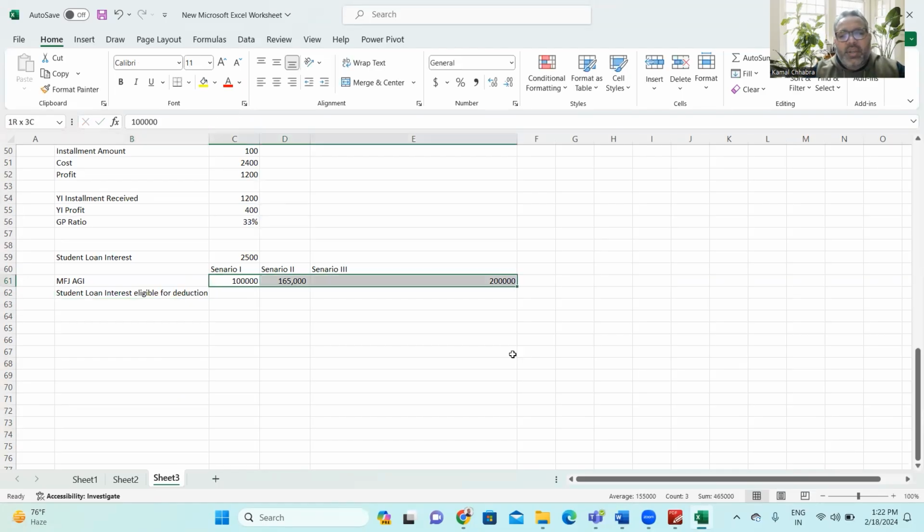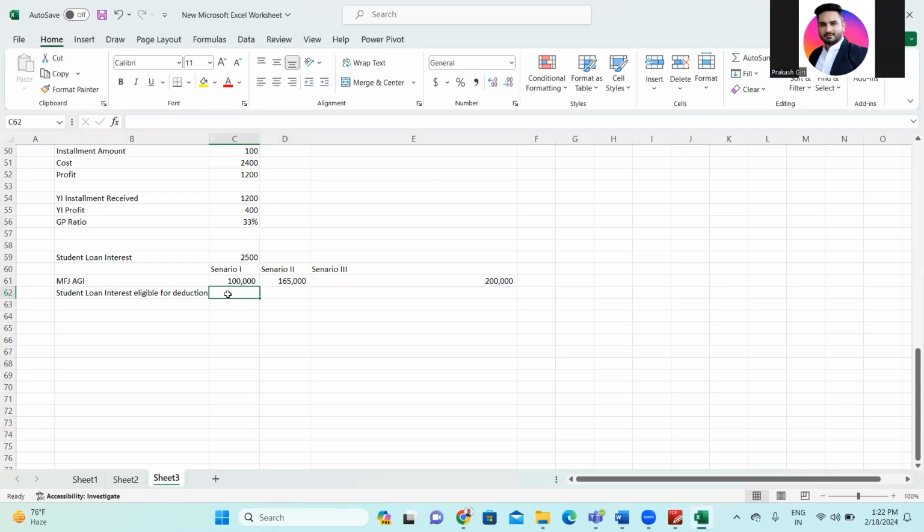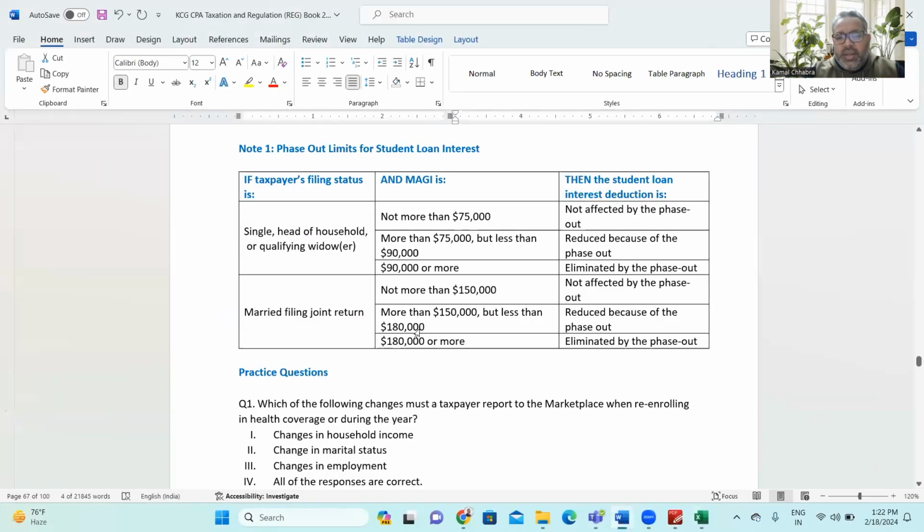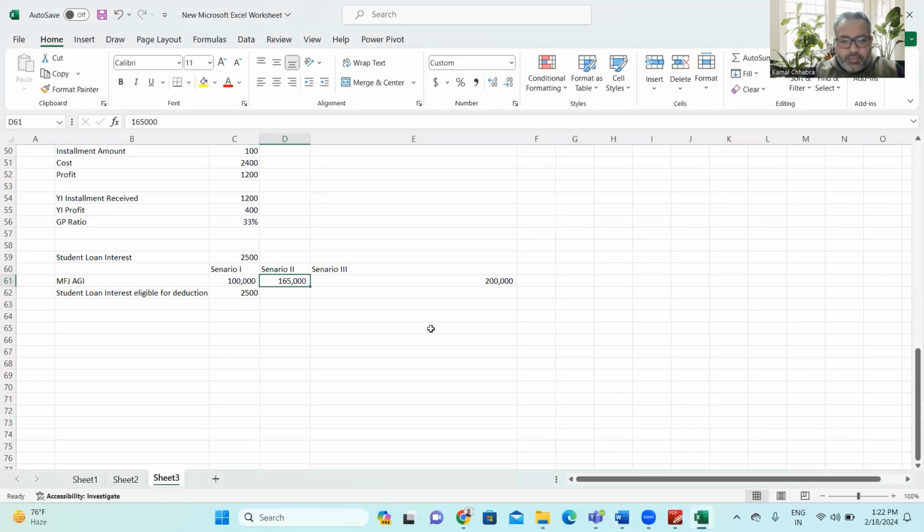In the first scenario, the total income is below $150,000, so you'll be eligible for the entire $2,500. In the second scenario, your income is more than $150,000 but less than $180,000. So how much is more? $165,000 minus $150,000, that is $15,000 more.